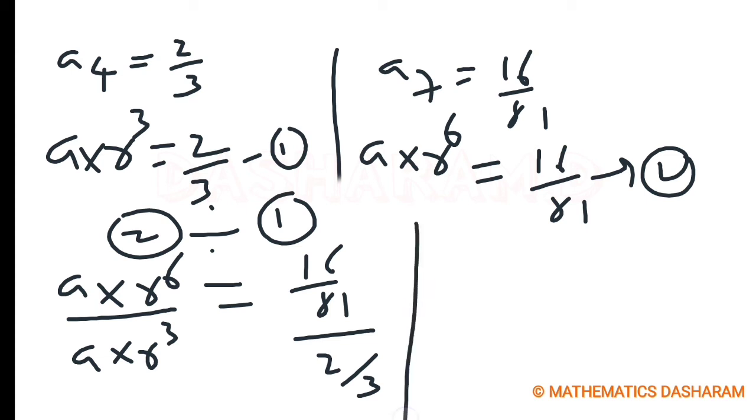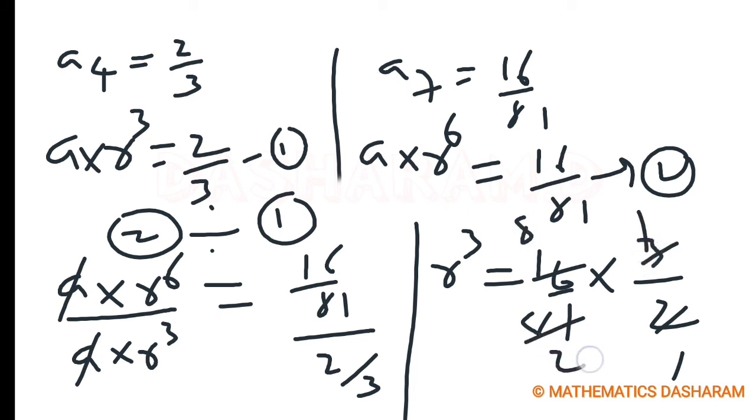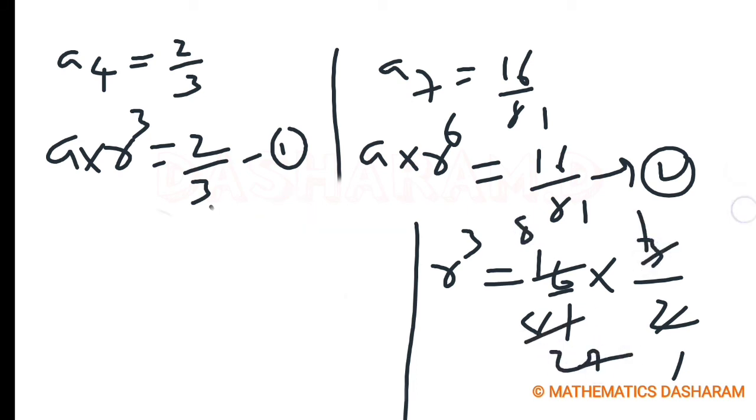So let's simplify now. Here A cancels, r to the power of 6 by r cube means just r cube will be there, 16 by 81, and this fraction will be reversed, so 3 by 2. So 2 ones are 2, 2 8s are 16, 3 ones are 3, 3 27s are 81. So r cube equals 8 divided by 27.